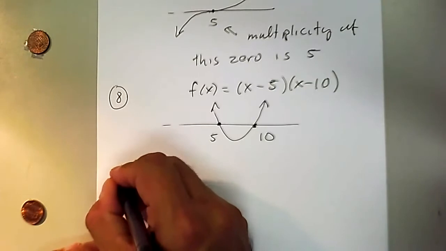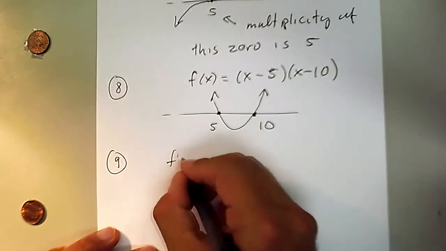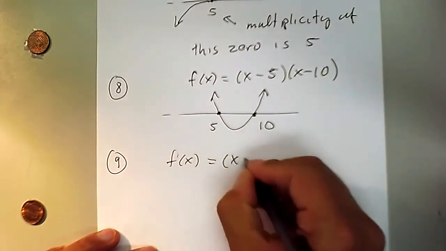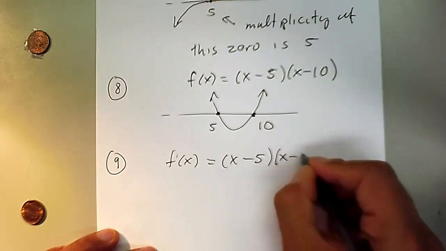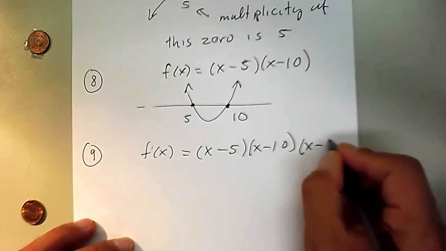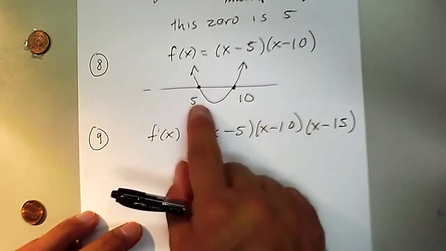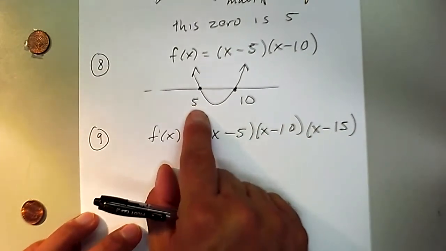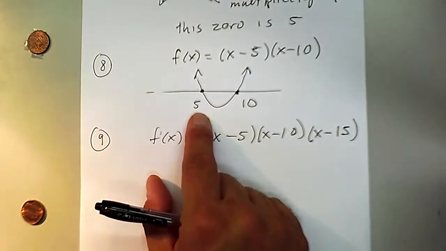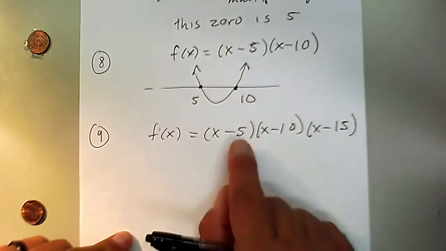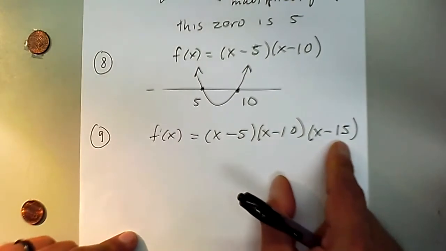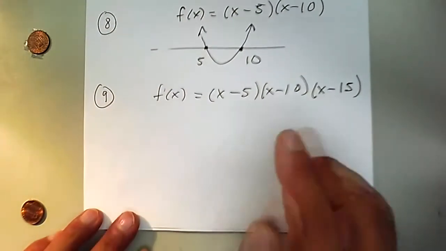Example 9. What if we have 3? f of x equals, say, x minus 5, x minus 10, x minus 15. Okay, we got 3 zeros. Here we have 2 zeros, each one of them single multiplicity. Multiplicity is 1 for each one of the zeros. Now we got 3 zeros, still with single multiplicity.